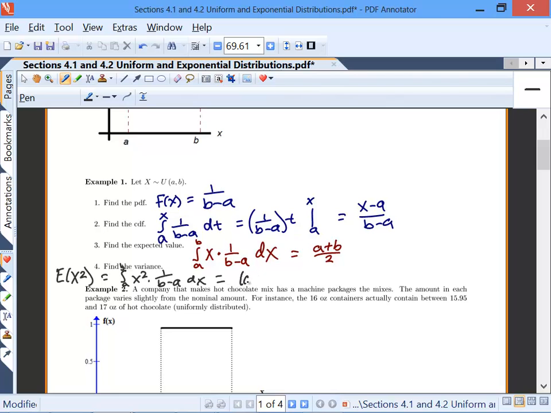So I get that it is A squared plus AB plus B squared divided by 3. And how do I get to my actual variance? If I have the expected value of x and the expected value of x squared, my variance is the expected value of x squared minus the expected value of x, all squared.